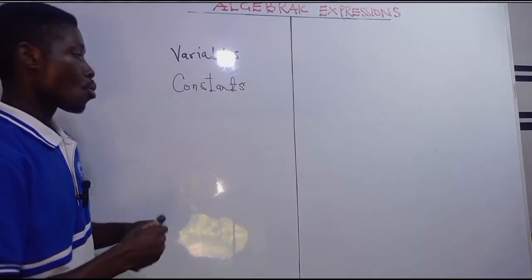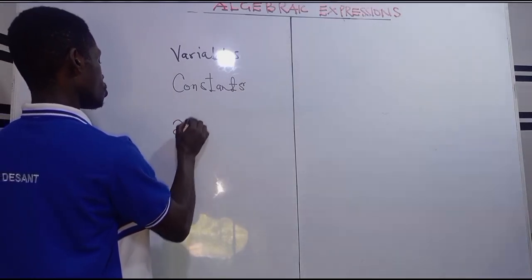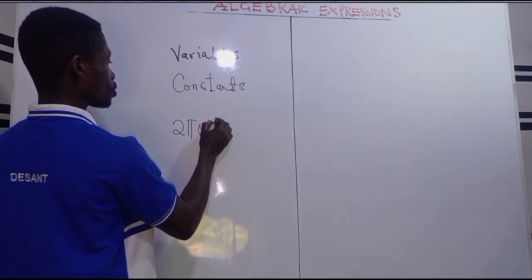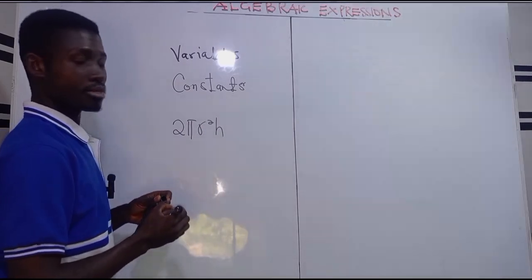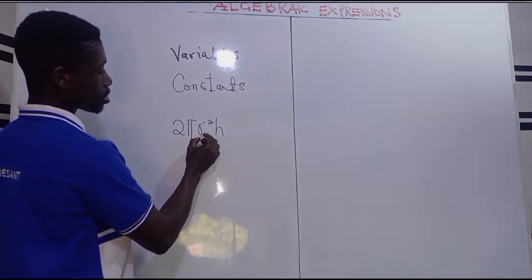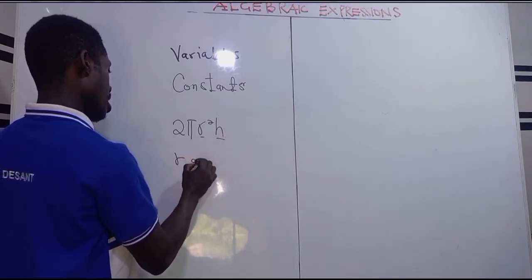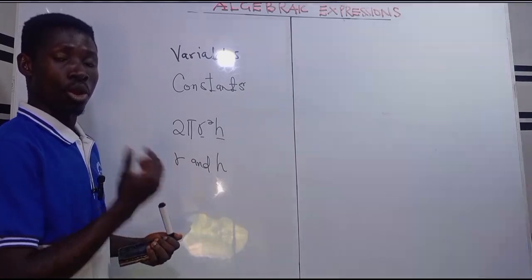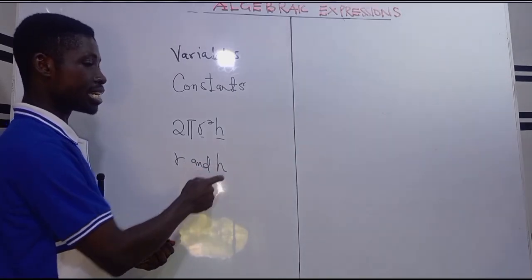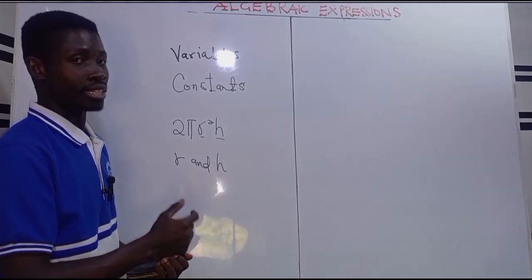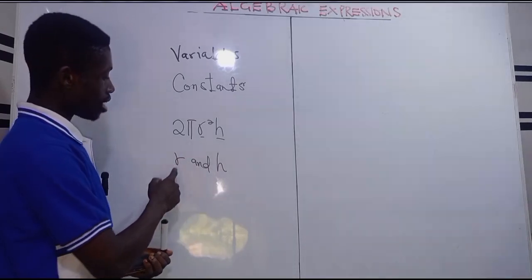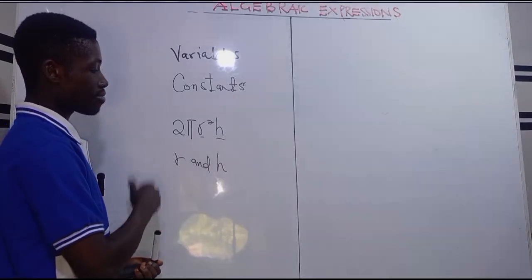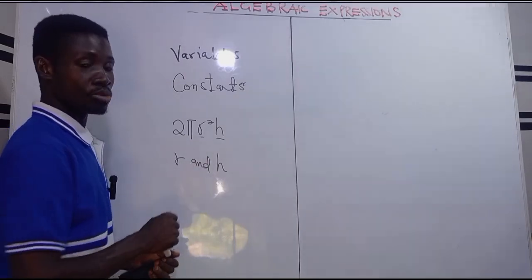For example, when you have, let's say, 2 pi r squared h. Now, looking at these, r and h are called variables because the values of r and h can be changed at any moment. You can get r to be 4, r to be 5, h to be 10, h to be 20.